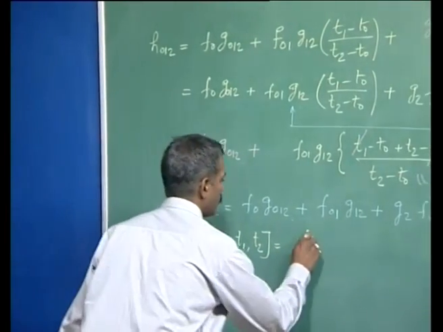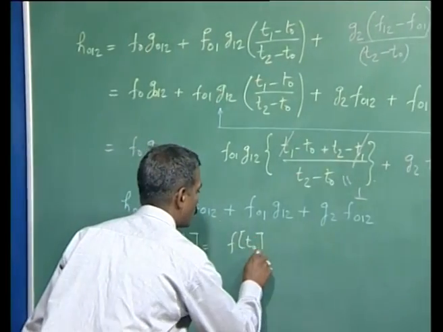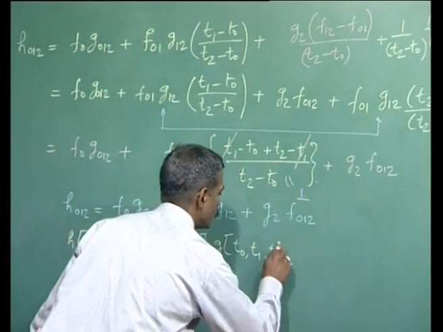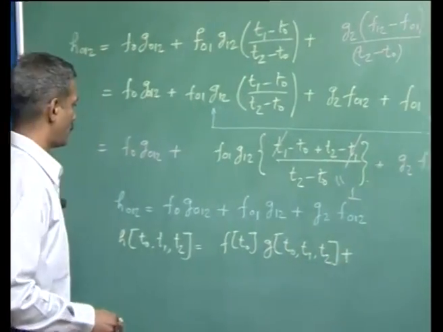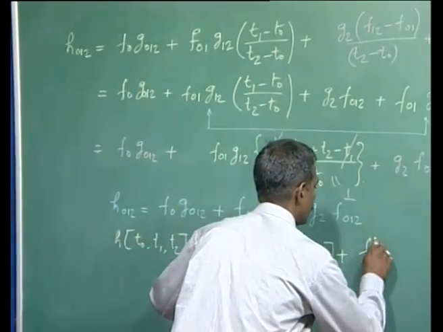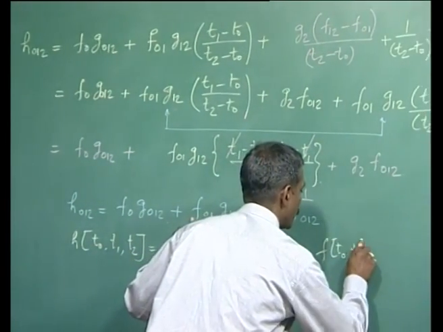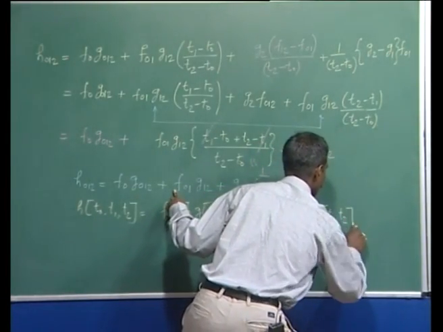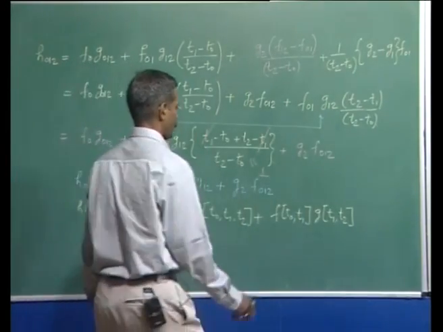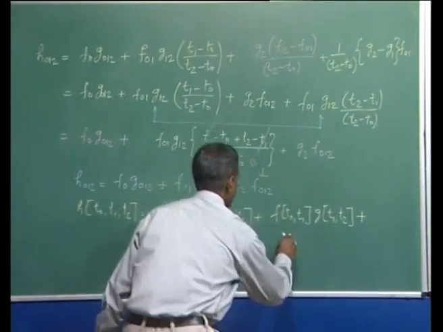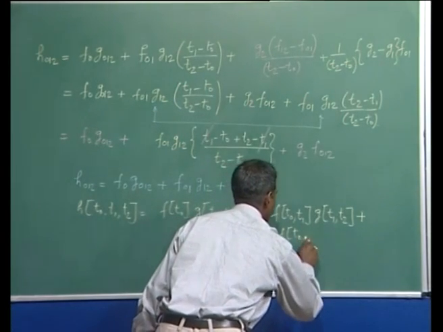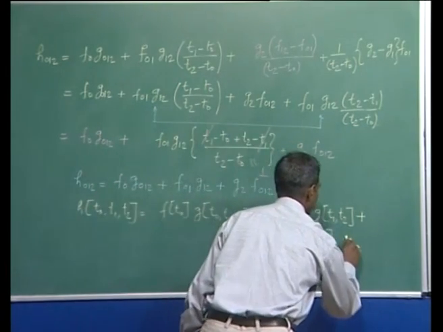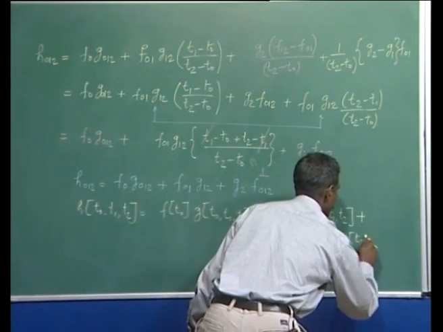This is equal to F[T0] G[T0 T1 T2] plus F[T0 T1] G[T1 T2] plus F[T0 T1 T2], which is this term here, times G[T2].